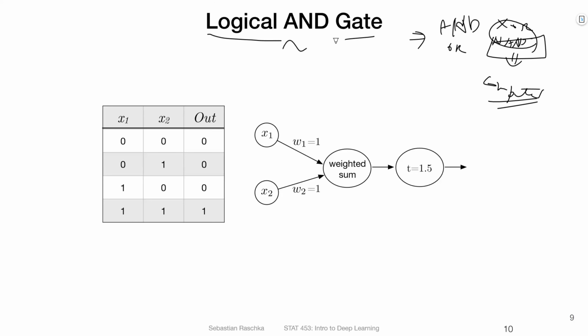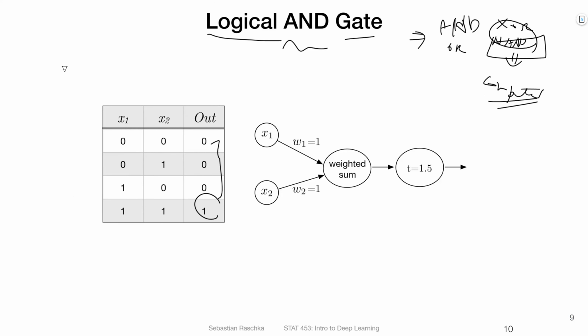And here, we're going to have a look at the AND gate first. What is the AND gate? When the inputs are not 1 and 1, then the outputs are zeros. However, when x1 is 1 and x2 is 1, then the output is going to be 1.